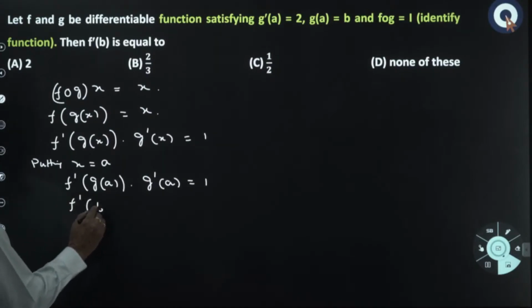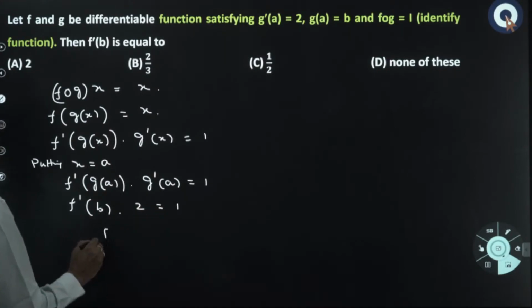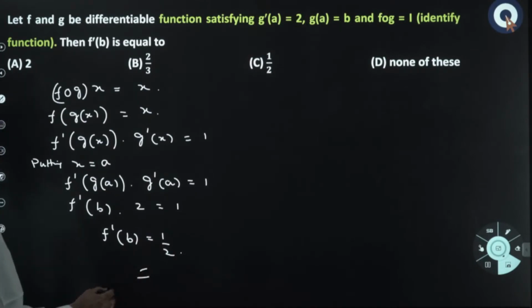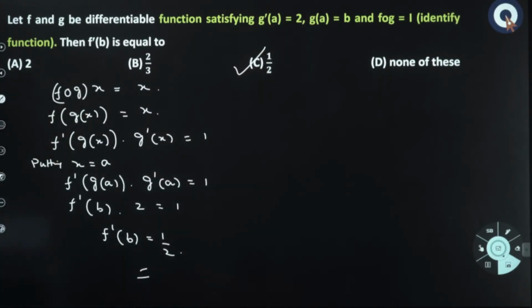So f dash b, g dash a is 2. So f dash b is equal to 1 by 2. So the answer is 1 by 2. So this is the answer, right? Okay.